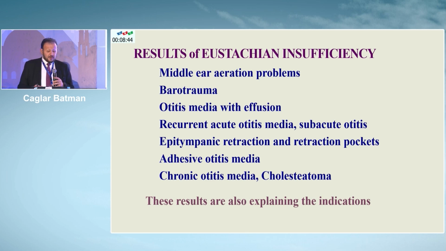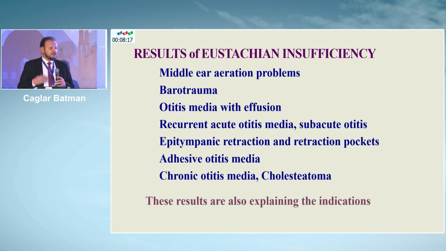So, as a result of Eustachian insufficiency, there's going to be middle ear aeration problems, barotrauma, otitis media with effusion, recurrent otitis, acute otitis media, subacute otitis, epitympanic retraction and retraction pockets, adhesive otitis media, chronic otitis media, and cholesteatoma.